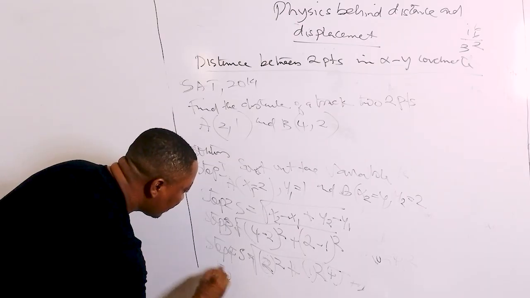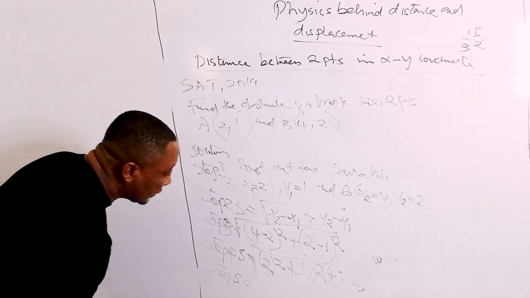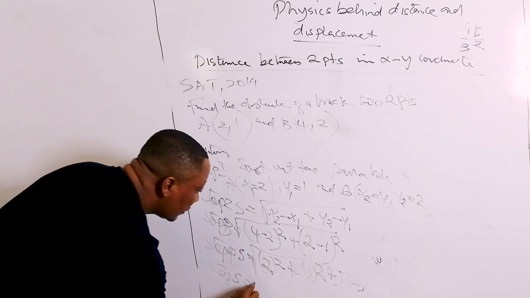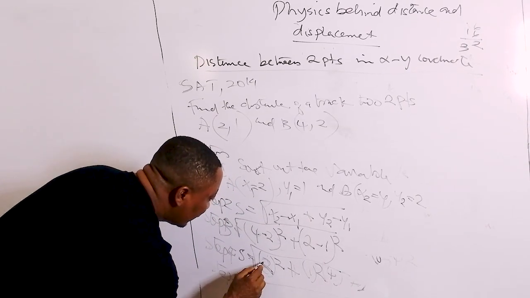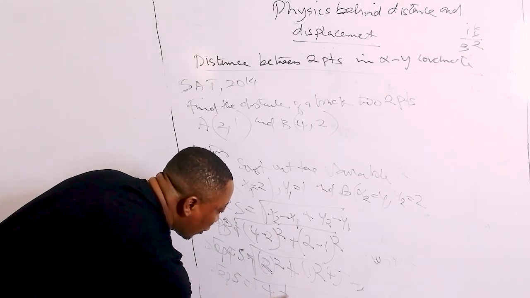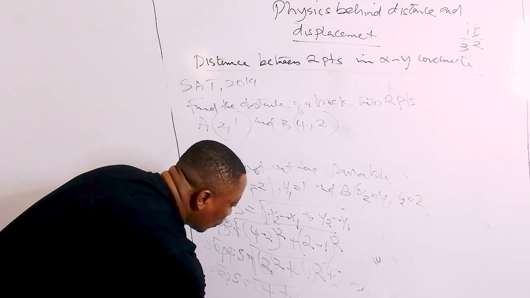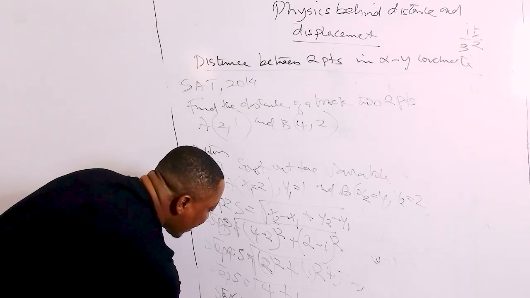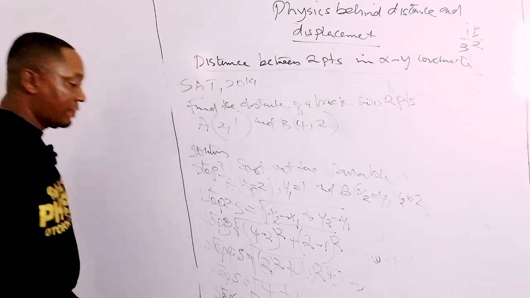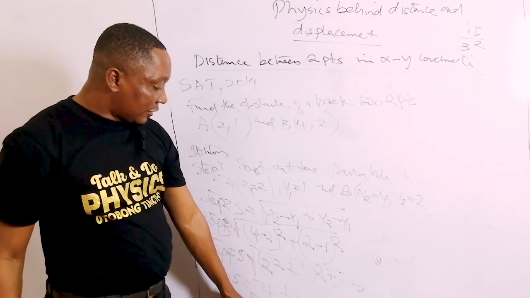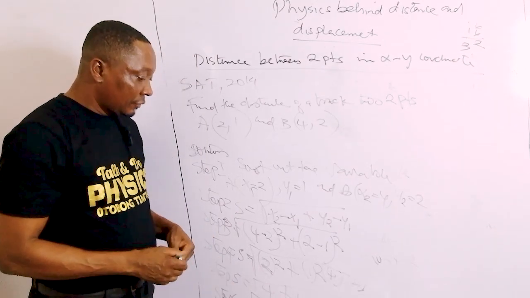You still solve what is in the bracket before the square root. 2 times 2 is 4, plus 1 times 1 is 1. That is step 6, which equals 5, the square root of 5. That is the answer.